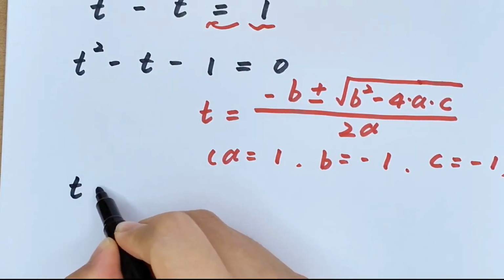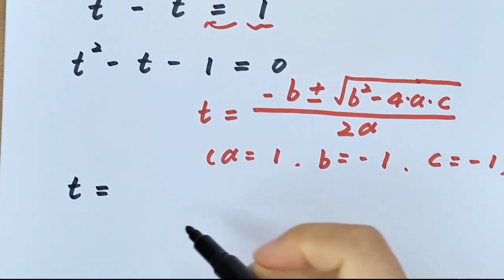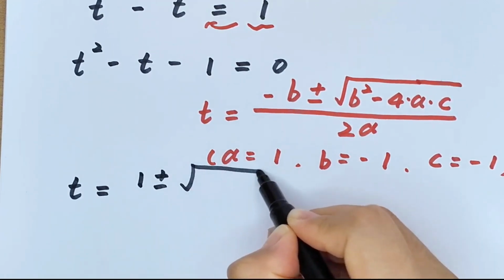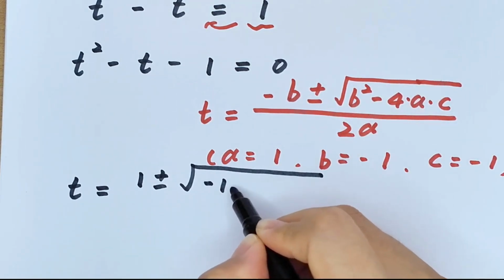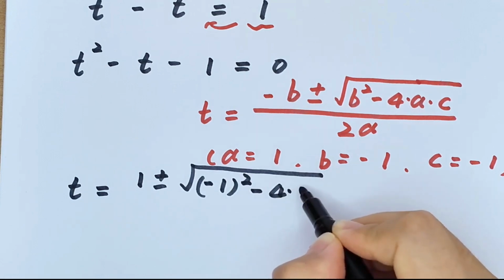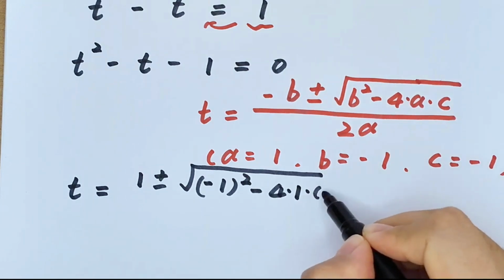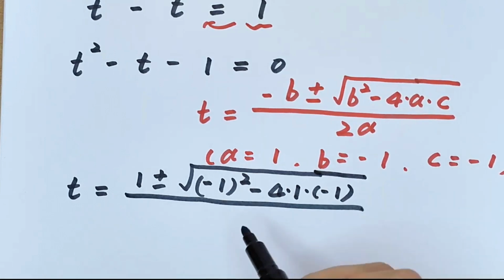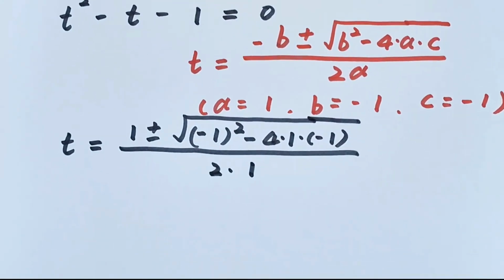So t equals negative b. b is negative 1, so it is 1 plus or minus square root of (negative 1) to the power of 2 minus 4 times a is 1 times c is negative 1, divided by 2 times a is 1.